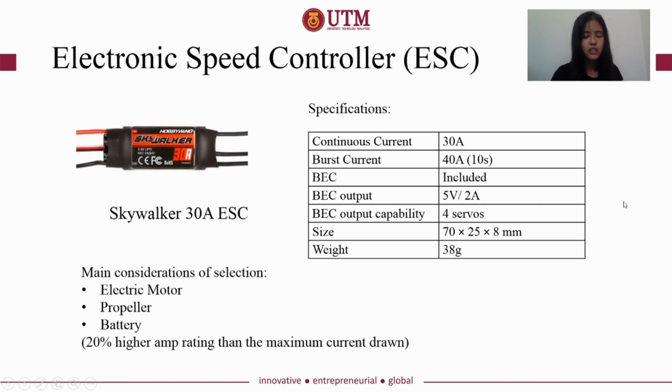Also, it needs to support a 20% higher ampere rating than the maximum current drawn. Therefore we refer to the motor performance chart and decide that a 30 ampere ESC is safe and can be used in this project.